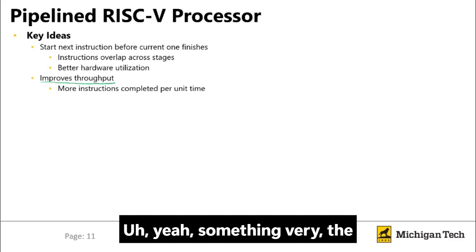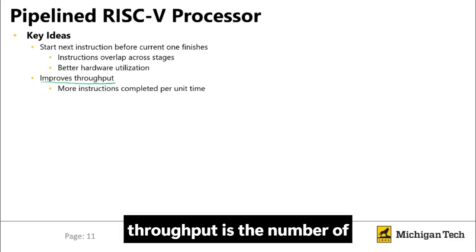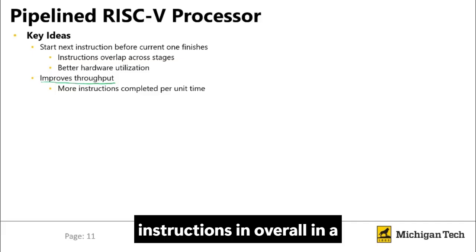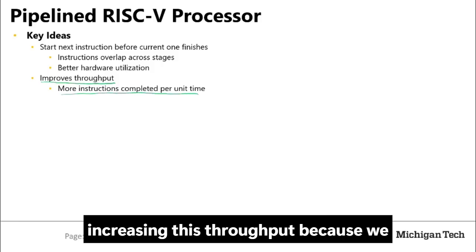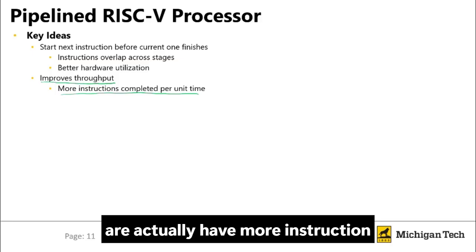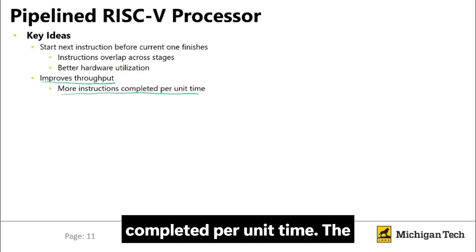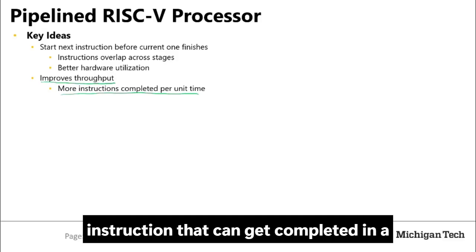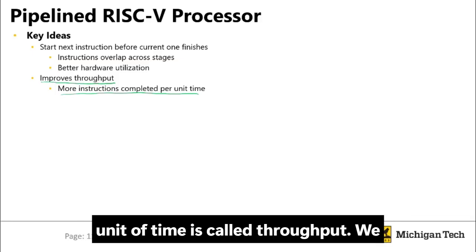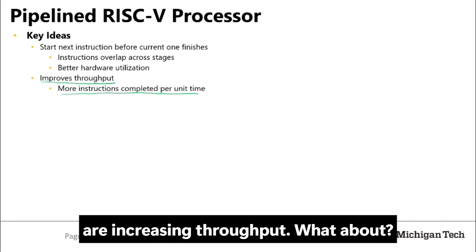Throughput is the number of instructions completed in a certain unit of time. We are increasing throughput because we have more instructions completed per unit time.